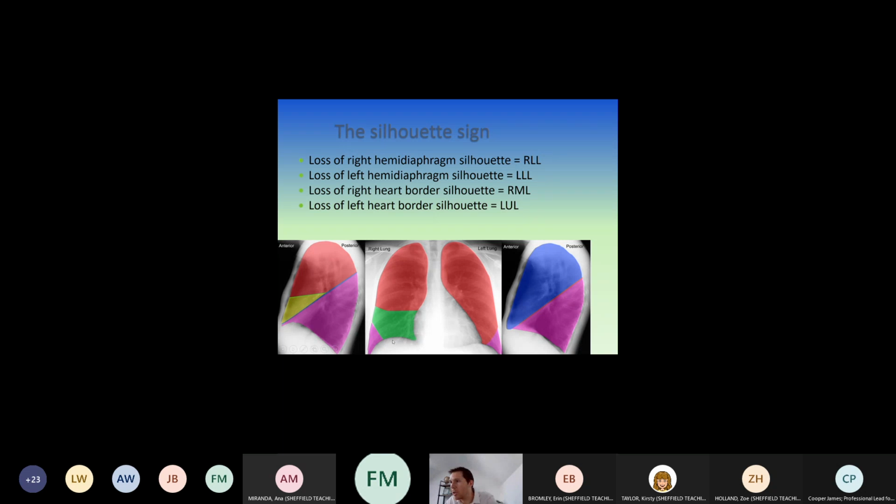If we lose the right or left hemidiaphragm, that pathology has to be in one of the lower lobes, because on the lateral views only the lower lobes come into contact with the hemidiaphragm. If we lose the right heart border, that pathology has to be within the middle lobe, because only the middle lobe touches the right heart border. Left heart border is left upper lobe, and that will make more sense when I show you a few images.